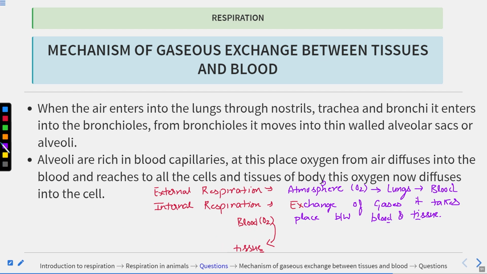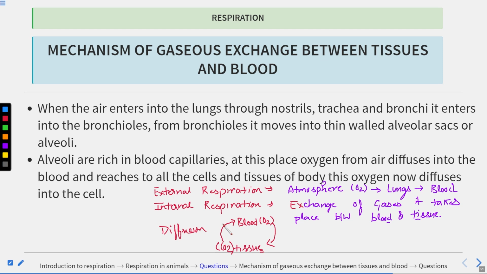Within the tissues, due to respiration, carbon dioxide is produced, and this carbon dioxide diffuses into the blood by the simple process known as diffusion.